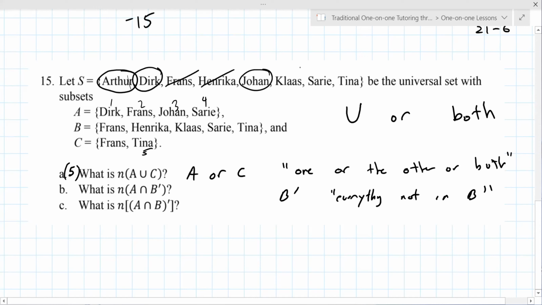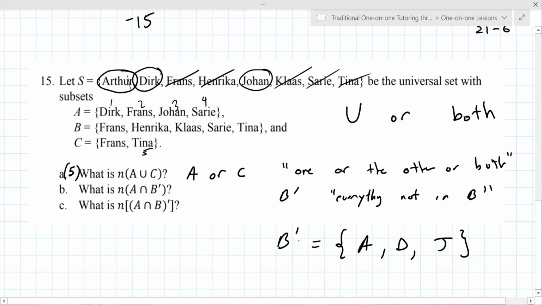These are weird. Klaus is there. Sari and Tina. So there's three elements that are not in B. That's what B tick means: the set that includes Arthur, Dirk, and Johann.